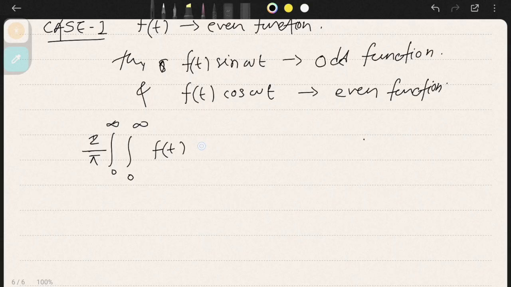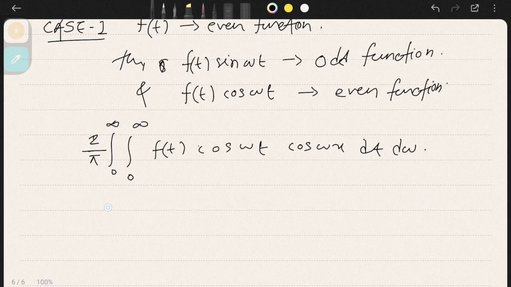What survives is f(t) cos omega t times cos omega x dt d omega.